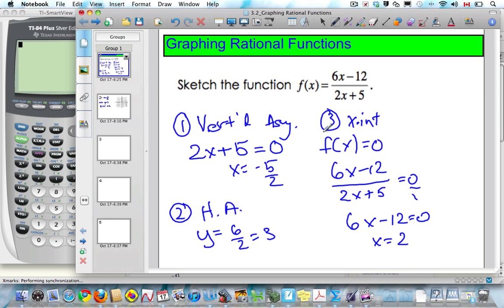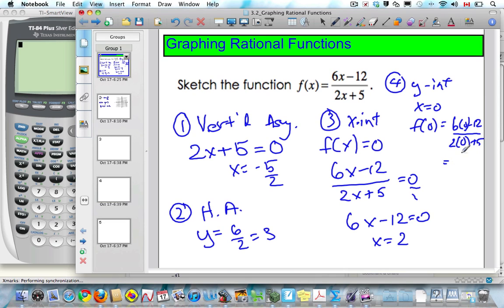Now the last piece of information I need to consider is my y-intercept. For a y-intercept, for any type of graph, I always let x equal 0. So if I plug 0 into my function, f of 0, I get 6 times 0 minus 12 over 2 times 0 plus 5.